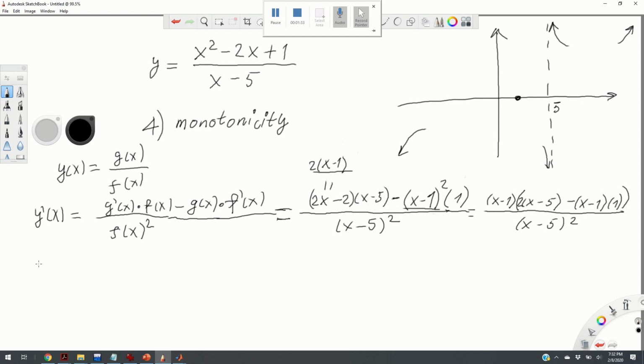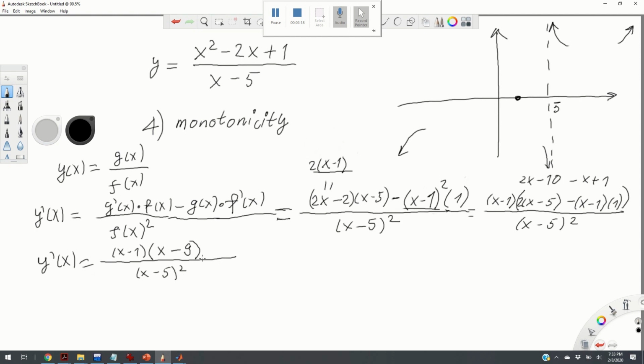So what do we have at the end? Our first derivative becomes x minus 5 squared in the denominator, and we have x minus 1 multiplying, let's see, here we have 10x, sorry, it's not 10x, it's 2x minus 10 minus x plus 1. So this becomes x minus 9.